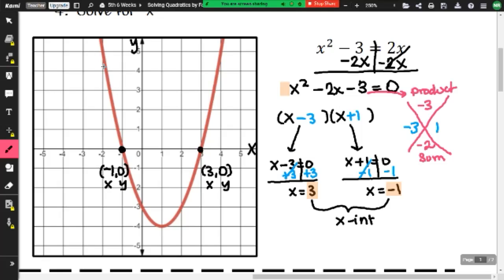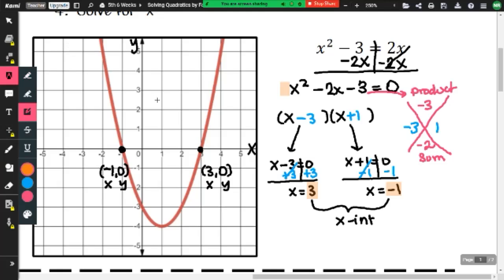If I go straight left, the y value is 0. This is 5th grade stuff, but I'm still getting it in the wrong order. So I got to treat you like a baby.